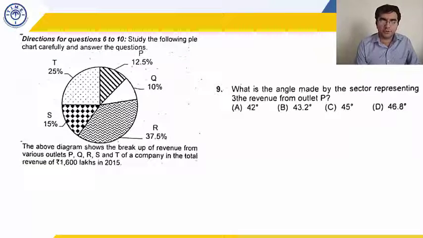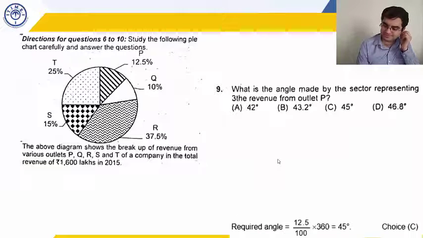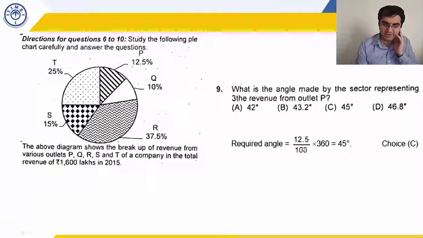Okay. The only thing that the question is asking you to do is convert this percentage to angle. That's all. So 12.5%, how do we convert percentage to angle? Into 360 by 100. So 12.5 into 360 by 100.